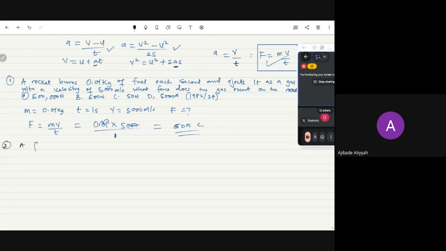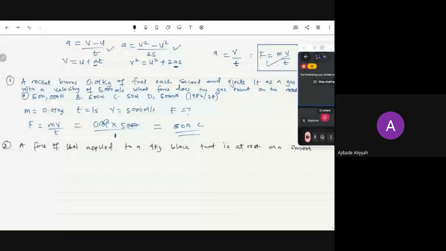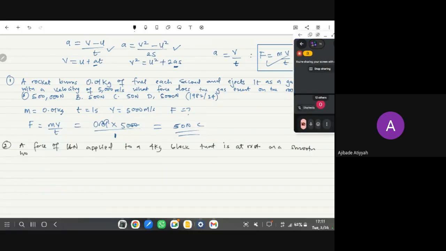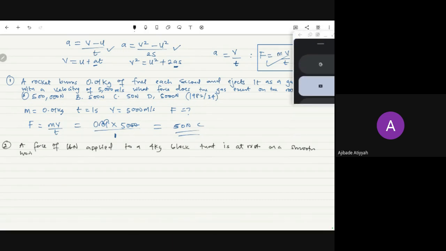Question 2: A force of 16 Newton is applied to a 4 kilogram block that is at rest on a smooth horizontal surface.